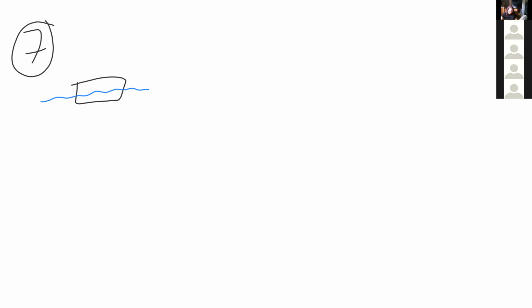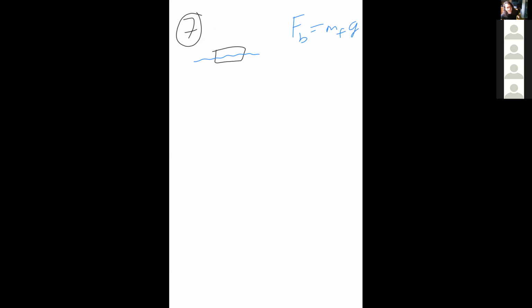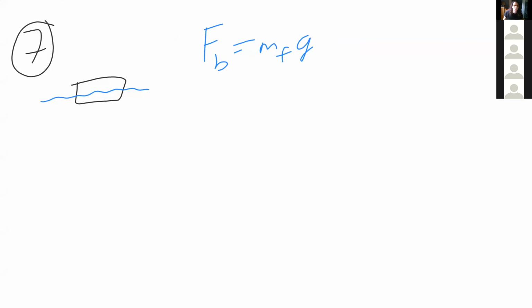Why do I know that? Remember, the buoyant force is the mass of the fluid times the gravity. Here B gives the apparent weight as a function of the depth of the lower face.